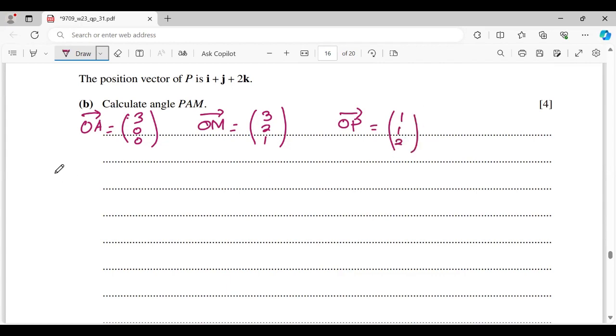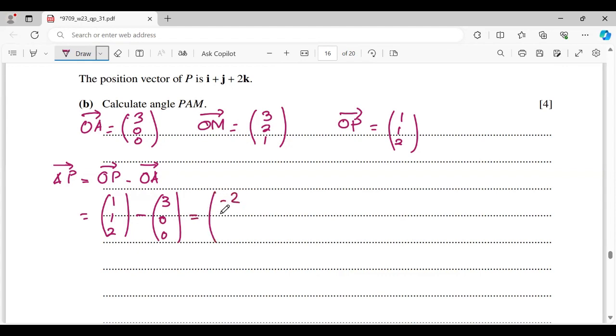So AP equals OP minus OA, which is 1, 1, 2 minus 3, 0, 0, and it becomes minus 2, 1, 2. That is AP.